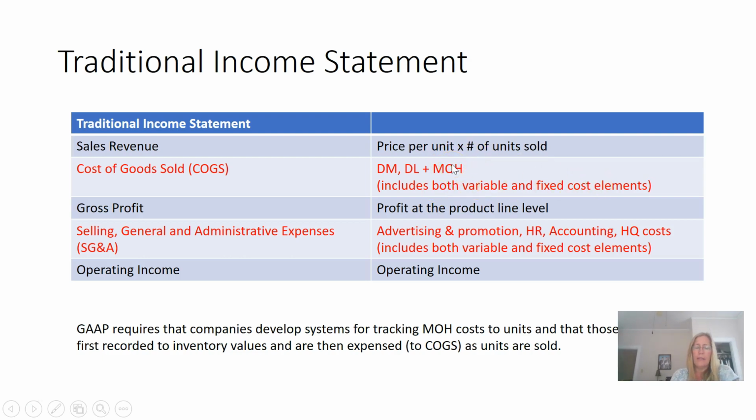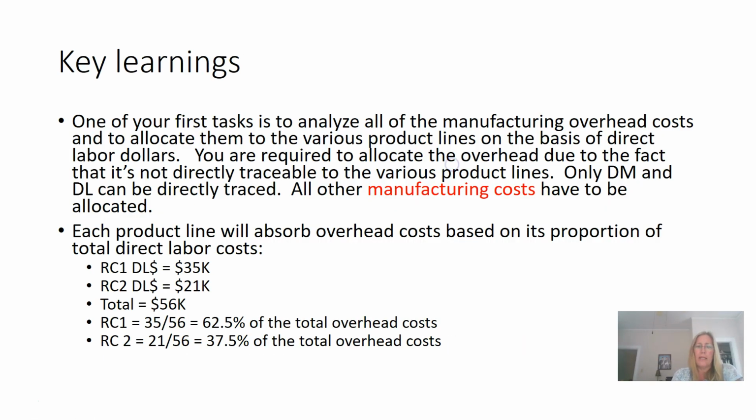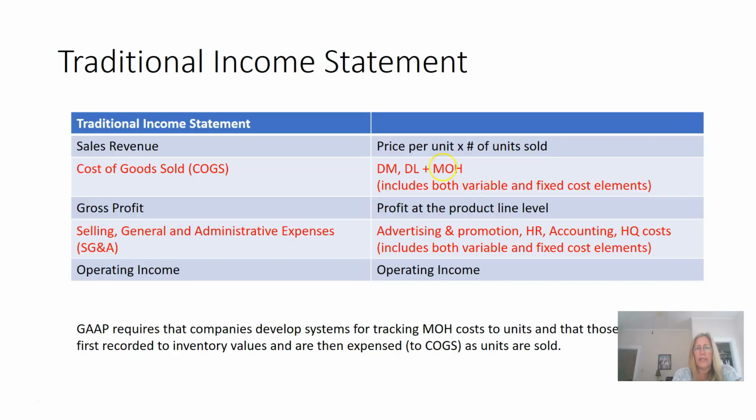In your case, it's stated that the only variable piece you have to deal with is the supplies, and all the rest are fixed. So that makes it easy for us. We don't have to do a lot of work there. And then she also states that the selling, general, administrative expenses are 100% fixed. So there's no supplies in there, no details of that. So you can assume that that's 100% fixed.